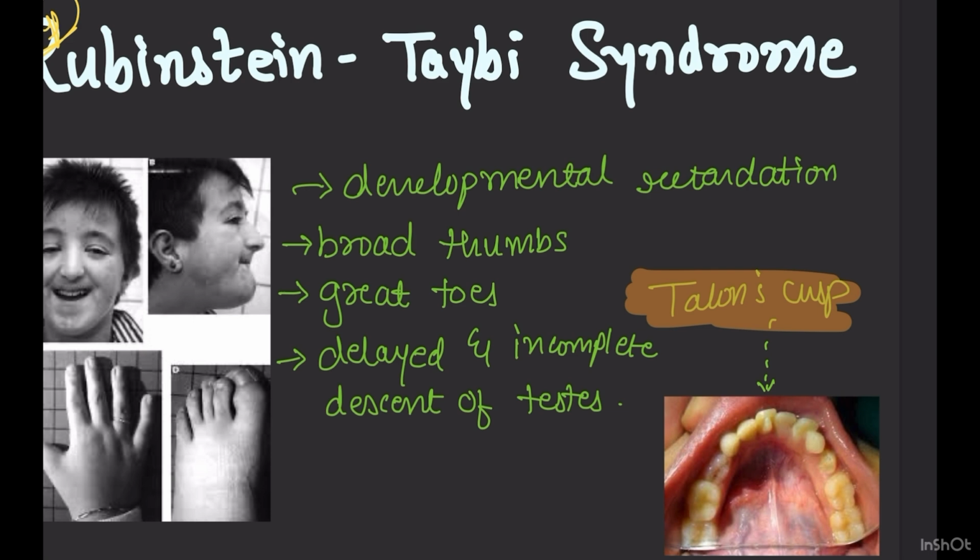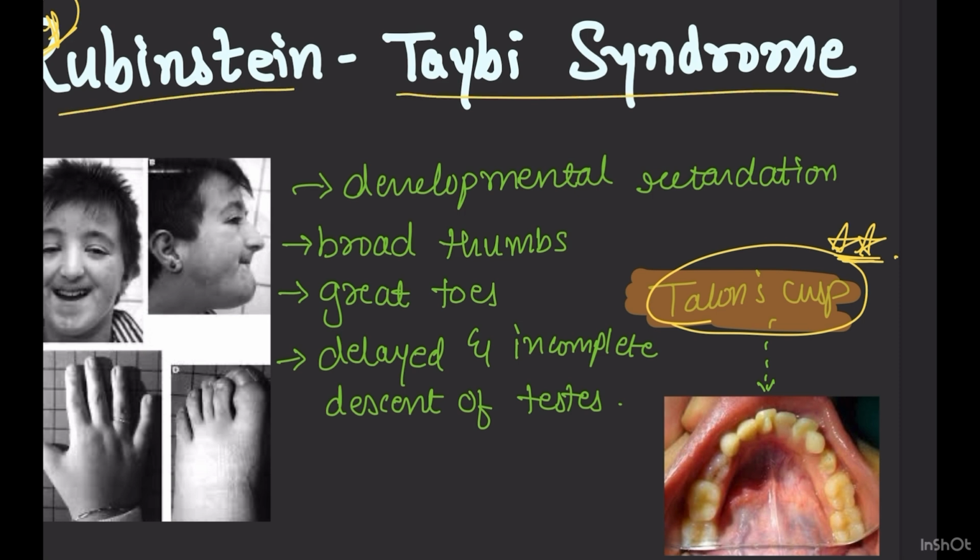This is a very important point to remember. Talon cusp is always seen in Rubinstein-Taybi syndrome. This is the extra cusp present behind the incisors, known as talon cusp. Talon means an eagle's talon, or in Hindi, eagle's panja.